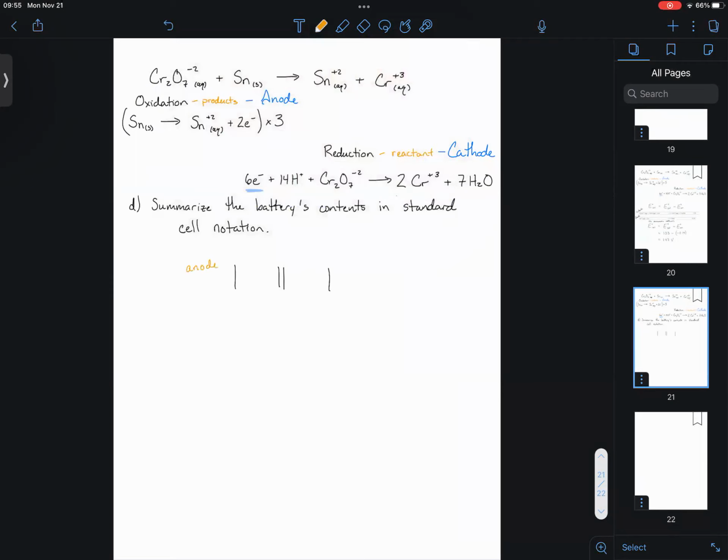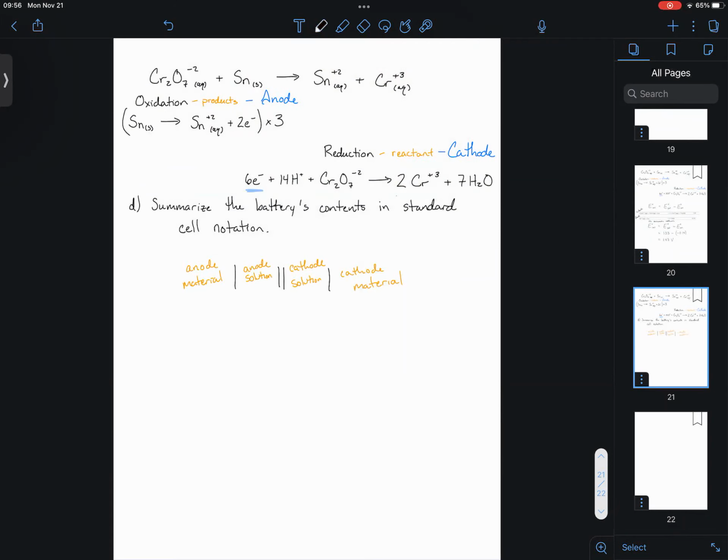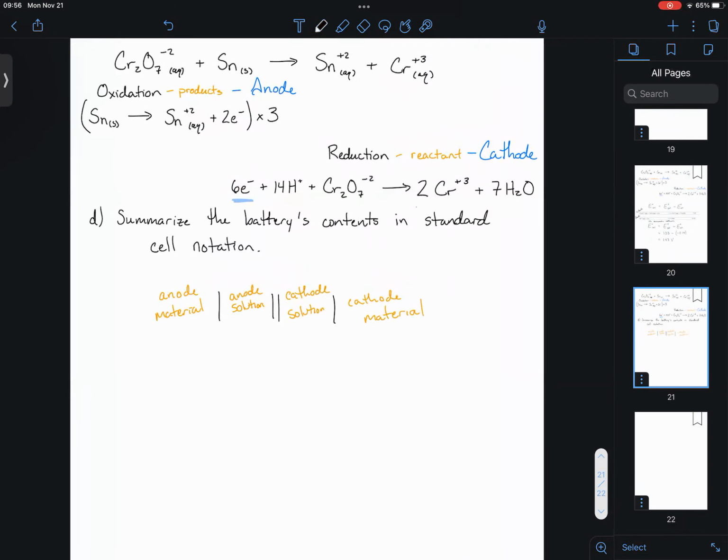All right, so remember, it looks like this format here. Here's your anode material, anode solution, cathode solution, and then the cathode material. My anode material is going to be that solid tin, and my anode solution is going to contain those tin ions.